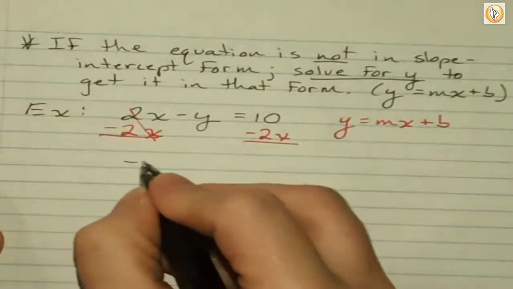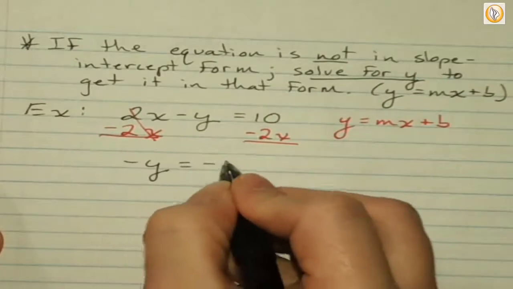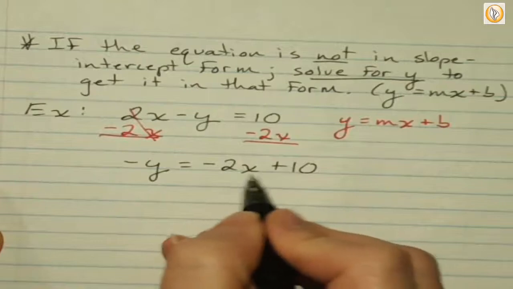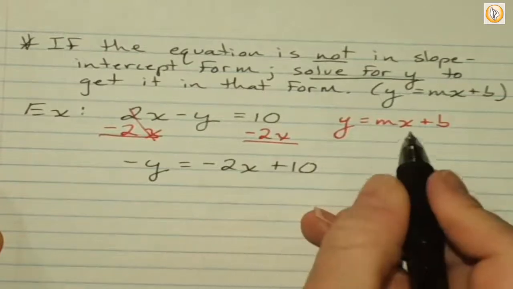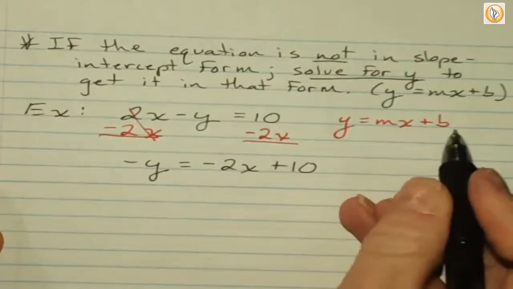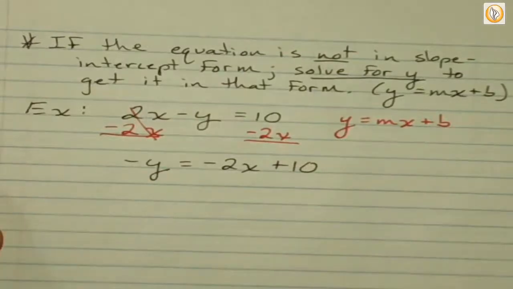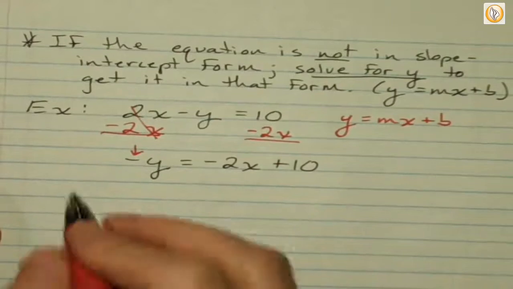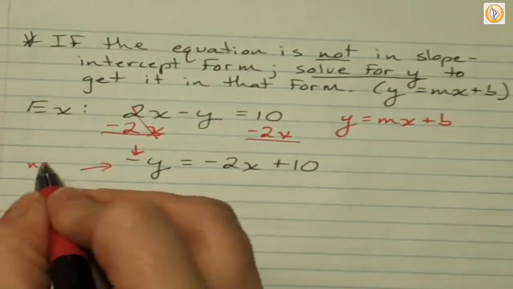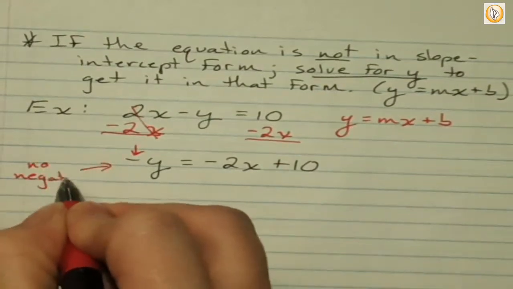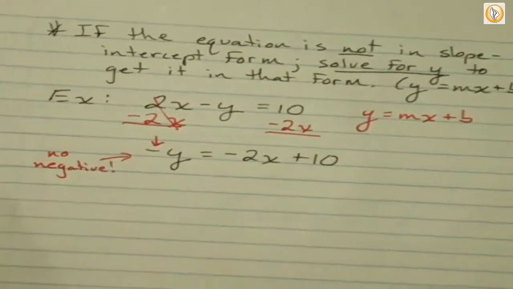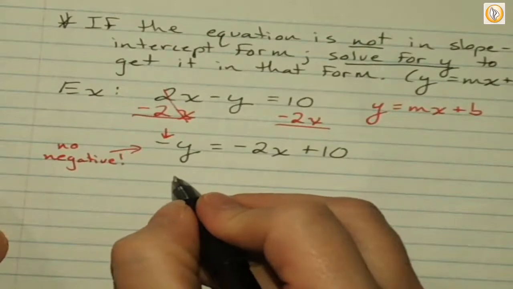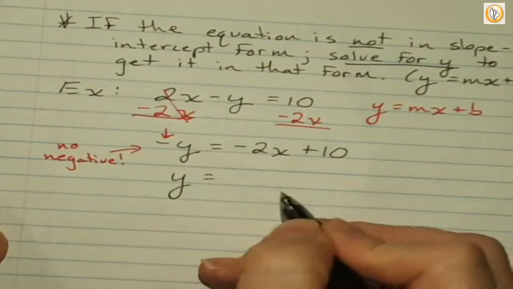And I get negative y equals negative 2x plus 10. The x has to come first before that 10 because of this format. See, the x comes before that. Now, can I have a negative right here? No. No negative. So what do I need to do? Switch the negative from the negative y over to the negative 2x.